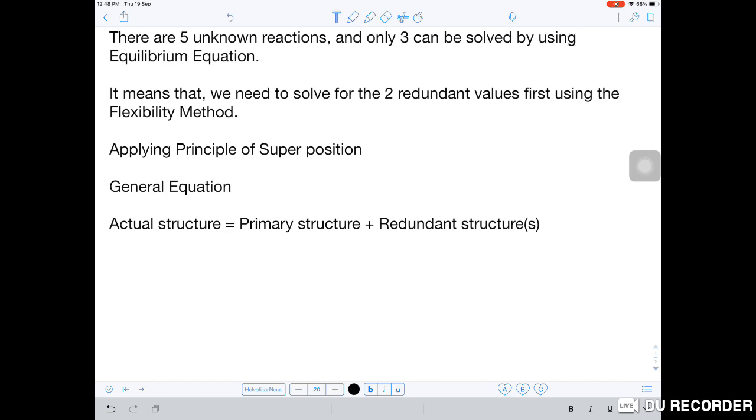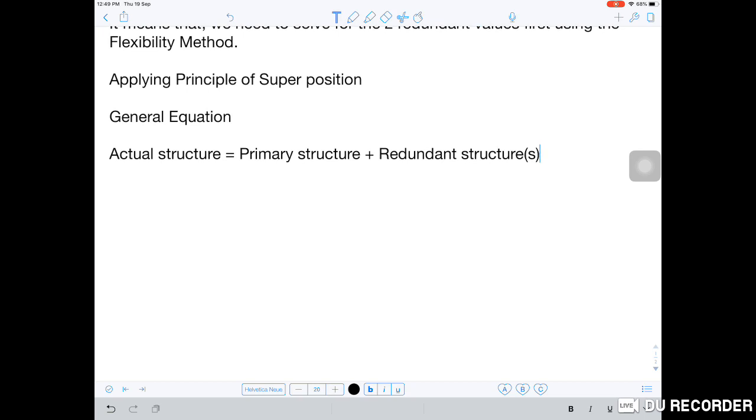There are 5 unknown reactions and only 3 can be solved using equilibrium equation. So we have two degrees of indeterminacy. So these two have to be removed from the system, and we need to solve for these two values first.